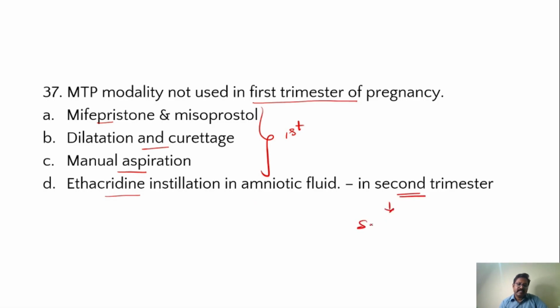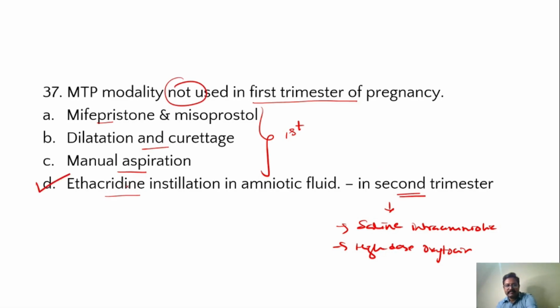Along with that, saline intraamniotic instillation can be done, as well as high doses of oxytocin during the second trimester. So the modality not used in the first trimester is the ethacridine instillation.